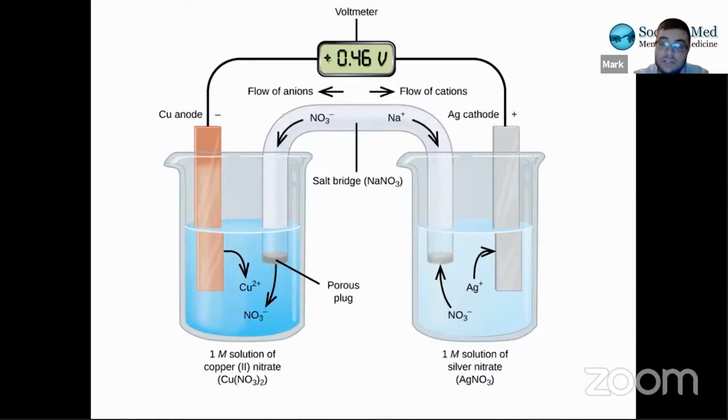These redox reactions, with the flow of electrons, can produce a current, a voltage, just like a normal chemical reaction can produce energy or heat. So we can actually use this type of cell to make electricity for ourselves, okay?